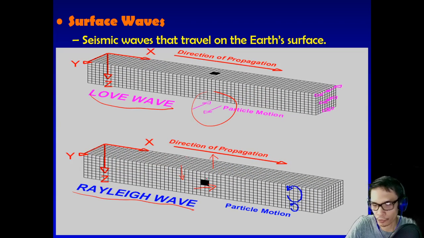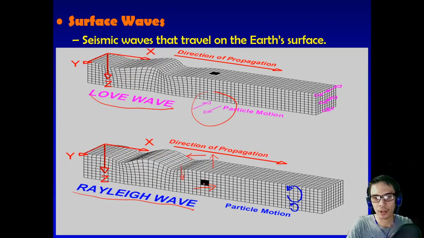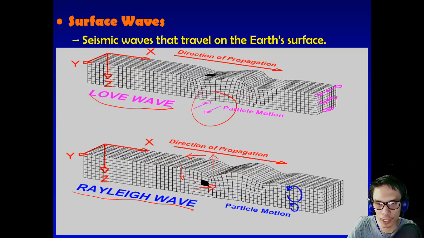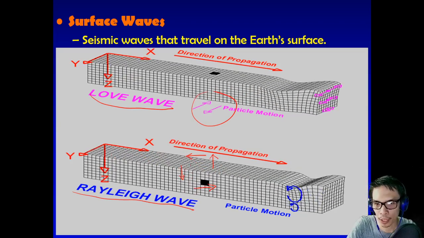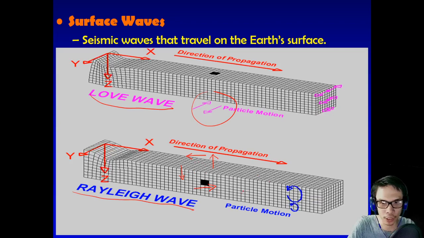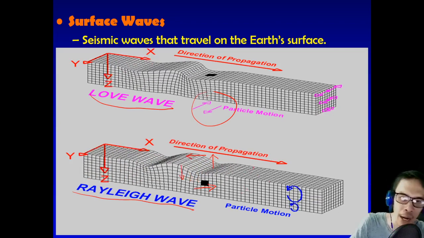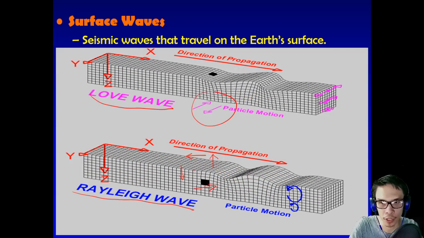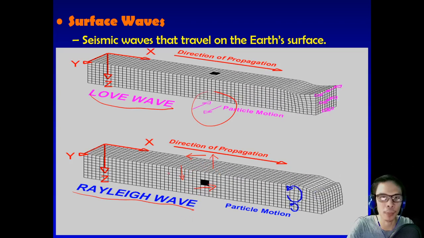If a structure is built on this kind of ground, it will be completely destroyed if it is not equipped with dampers or shock absorbers. So that is the Rayleigh wave.